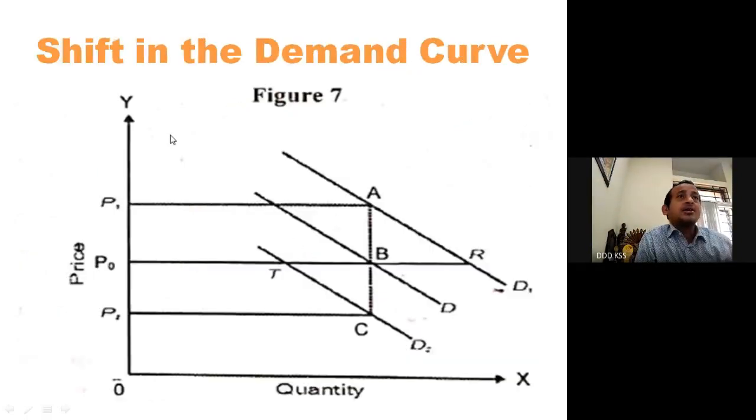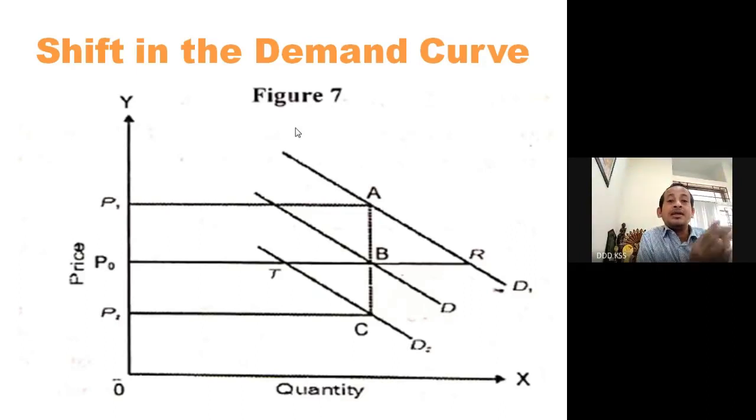Then next we have discussed shift in the demand curve. What I have explained is that shift in the demand curve refers to change in the demand due to the change in factors like change in the consumer income, change in the related goods price, change in consumer habit, taste, preference, change in fashion.